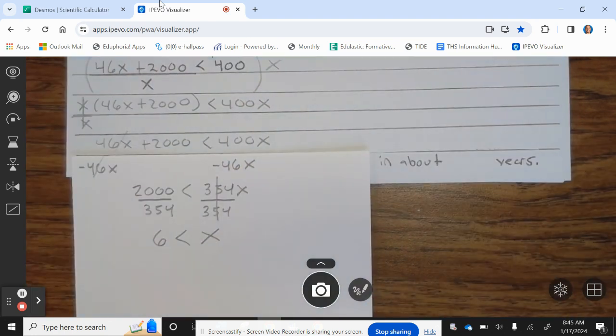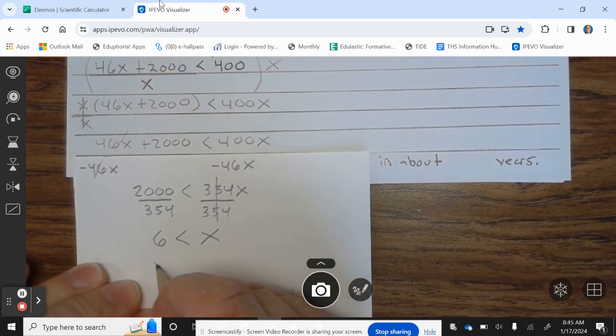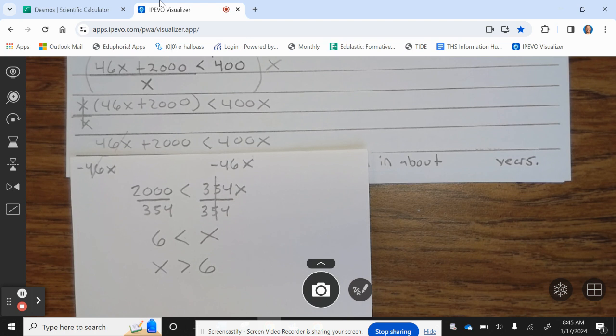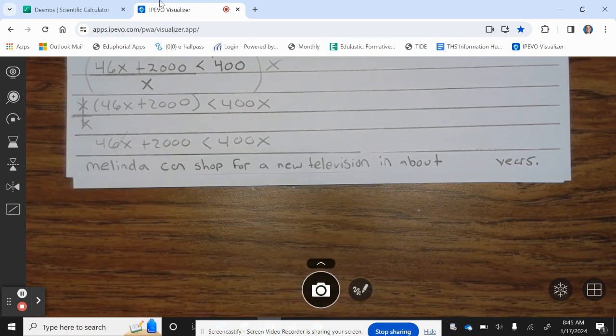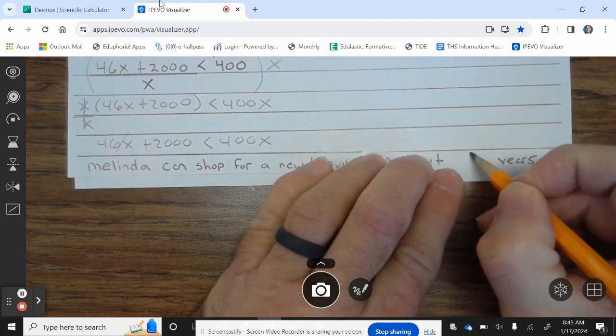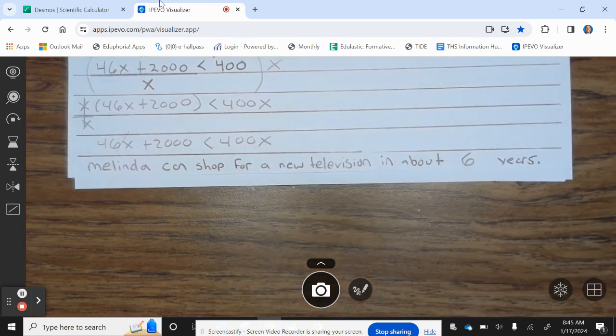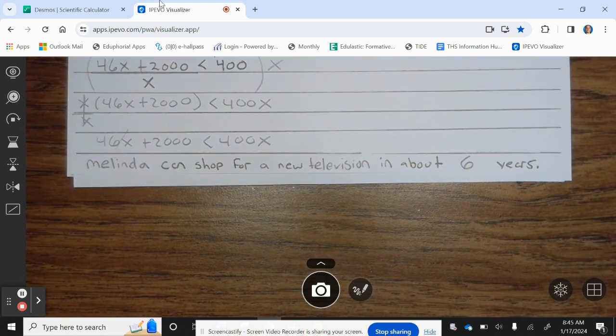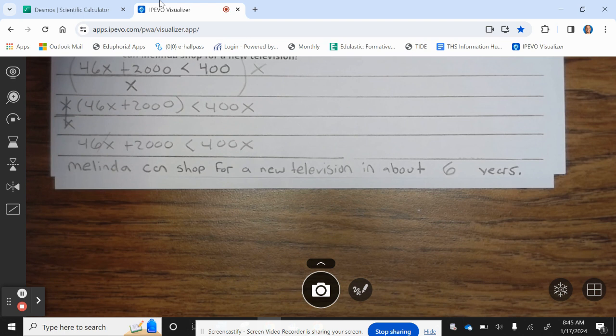So 6 is less than x, or we can write this as x greater than 6. These are the same thing. So Melinda can shop for a new television in about 6 years. All right, go ahead and finish it up. Let's take a look at the next page.